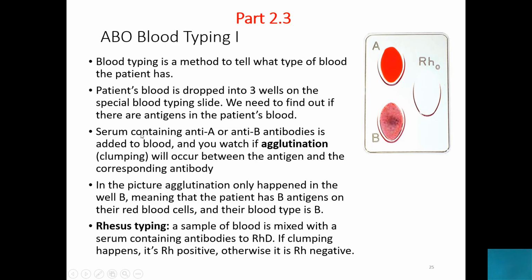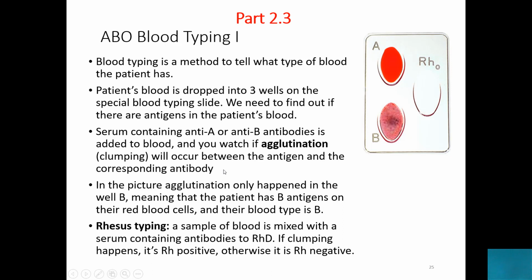Next, special serum containing anti-A or anti-B antibodies is added to the blood. So anti-A is added here, anti-B is added here, and going a little bit ahead, anti-Rh also will be added in the third one. And you see if agglutination or clumping happens in one of the wells. There's no agglutination here, you can see clumping happening right here.